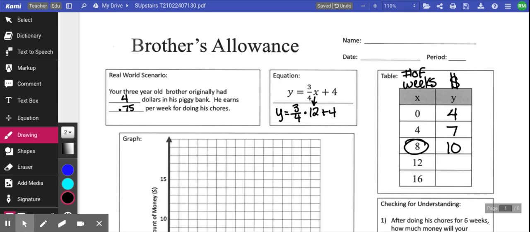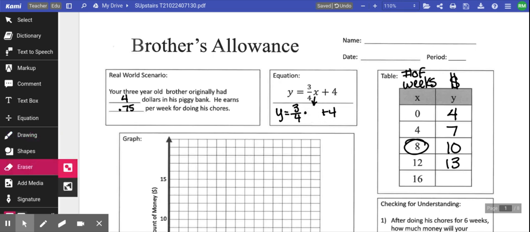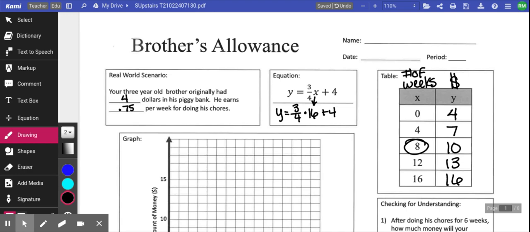So 3/4 times 12 is 9, plus 4 is 13. And then the last one we need to figure out at 16 weeks. So at 16 weeks, that's 3/4 times 16 is 12, plus 4 is 16.